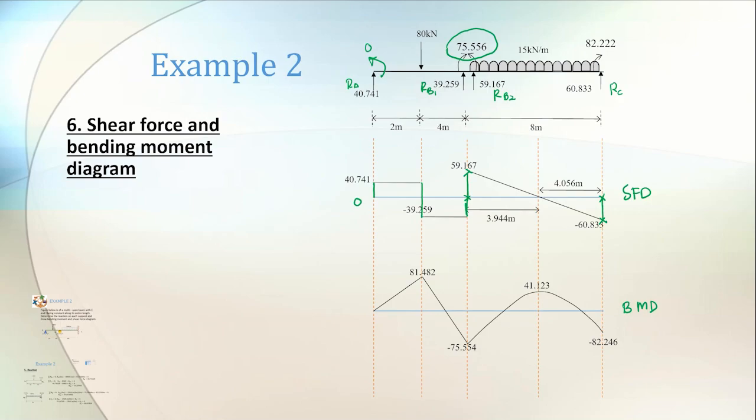Okay, so after that we can calculate BMD. To calculate BMD, what you need to do is calculate the area of all rectangles and triangles that you see in this SFD. Okay, so for this one 40.71, I can calculate the area of that rectangle. So I can name it, this is 1, this is 2, this is 3, this is 4.